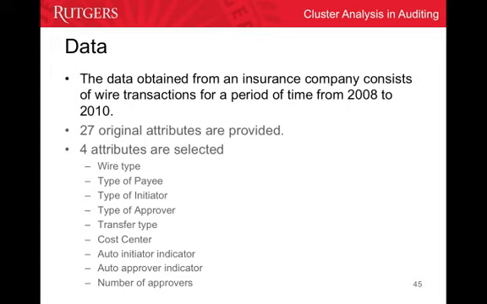And the next attribute is the indication of the auto initiator. This attribute indicates whether the initiator is an automatic system or a person. It is defined by using the characteristic of the initiator identification. For a regular person, the identification would be numbers.